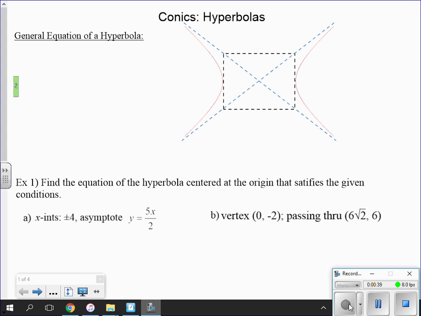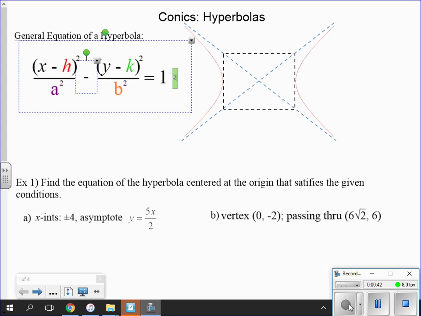Now, the general equation for a hyperbola should look fairly familiar. It is very similar to an ellipse with a couple of important differences. Center still h and k.